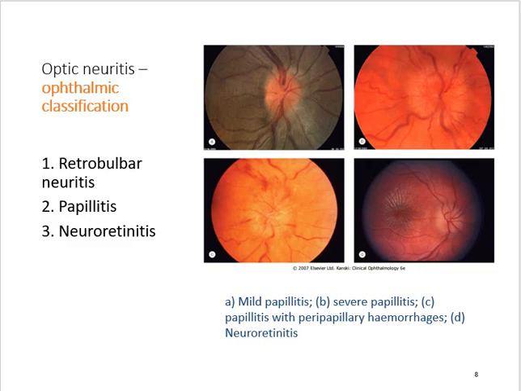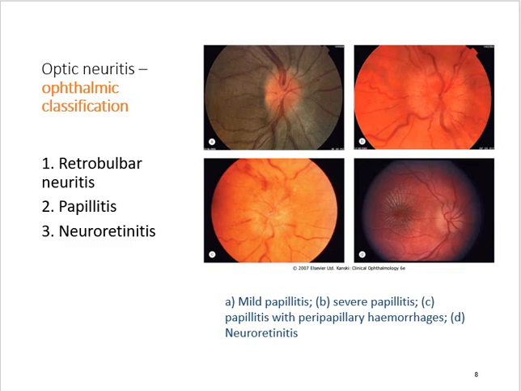So the image at the top here is showing mild papillitis, and you can see that there's sort of blurring around the optic nerve margin, and here is more severe papillitis or swelling of the optic nerve head. You see that you can't really see the optic disc properly, and then in the image here below you've got the swollen optic disc together with those peripapillary flame hemorrhages, which is what I was explaining before.